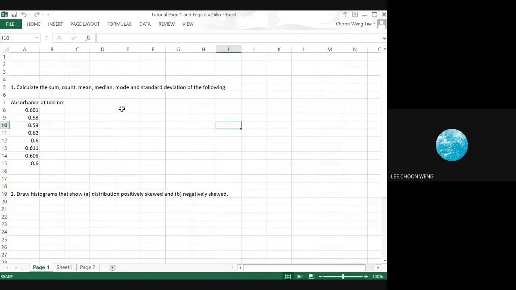How many times is enough? As many as possible, but within practical constraints, within logistic constraints. If you feel 3 times is enough, then you collect 3 times. You don't go around collecting 20 times when 5 times is enough.